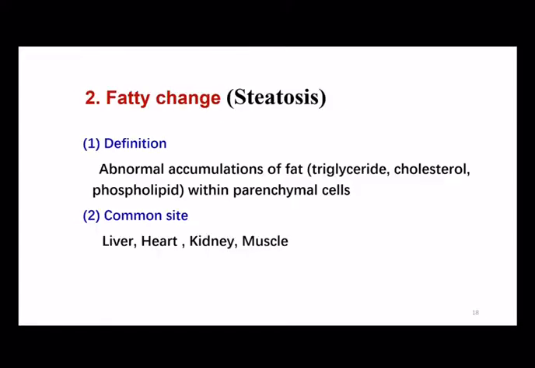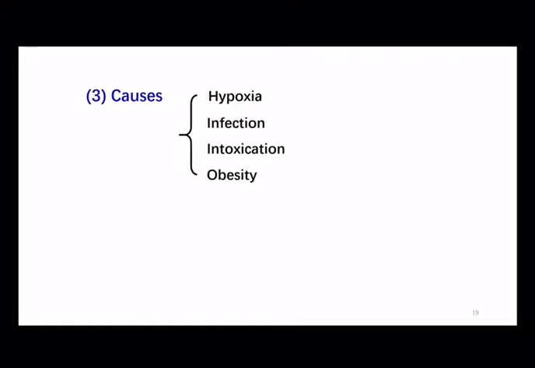The second type of degeneration is fatty change, also named steatosis. Fatty change refers to abnormal accumulations of fat within parenchymal cells. The common sites are liver, heart, kidney, and muscle. The major causes of fatty change are hypoxia, infection, intoxication, and obesity.